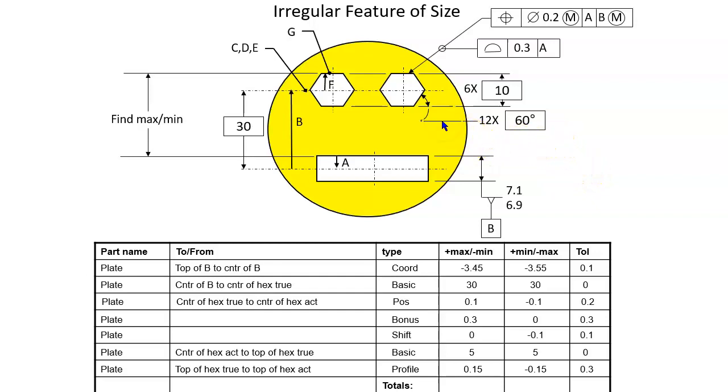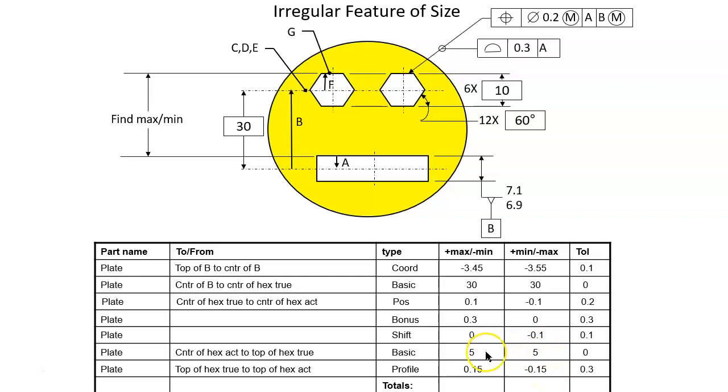Well, it's a little bit confusing when you have an irregular feature size because your size is controlled by the profile of the surface. So if we look down here, the size of this thing is controlled really by the basic dimension and the profile of the surface. So our max radial size is going to be 5 basic plus the 0.15. The min radial size is going to be 5 minus 0.15.